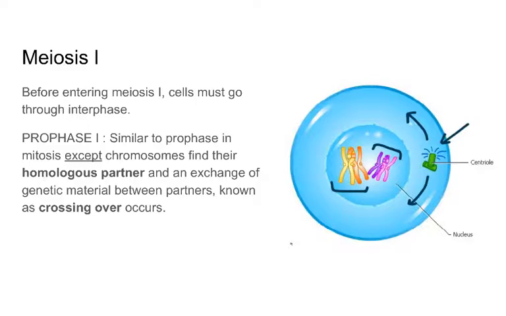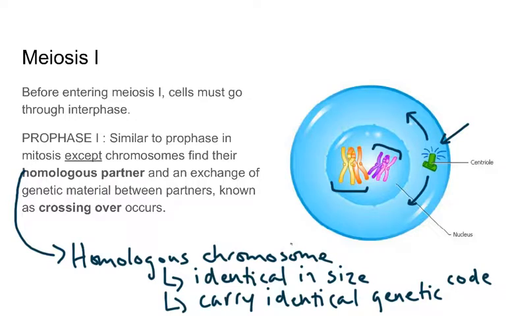Chromosomes 1 through 23 from the mom and 1 through 23 from the dad are identical in size and genetic material. So that means homologous chromosomes find each other. When we talk about homologous chromosomes, we talk about the fact that they are identical in size and they carry the exact same genetic code.